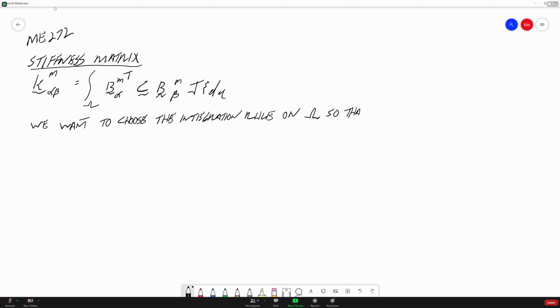so that the approximate K_alpha is good, and this is very subjective.